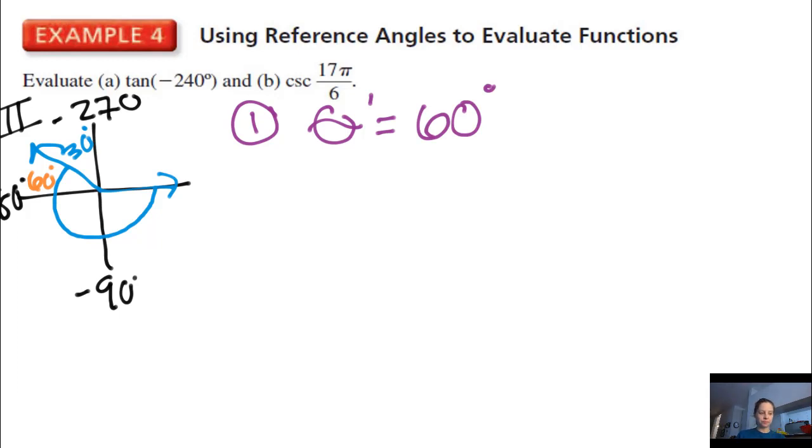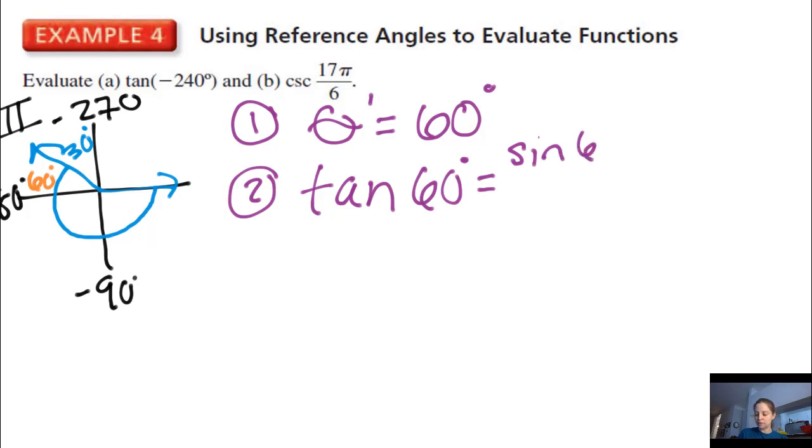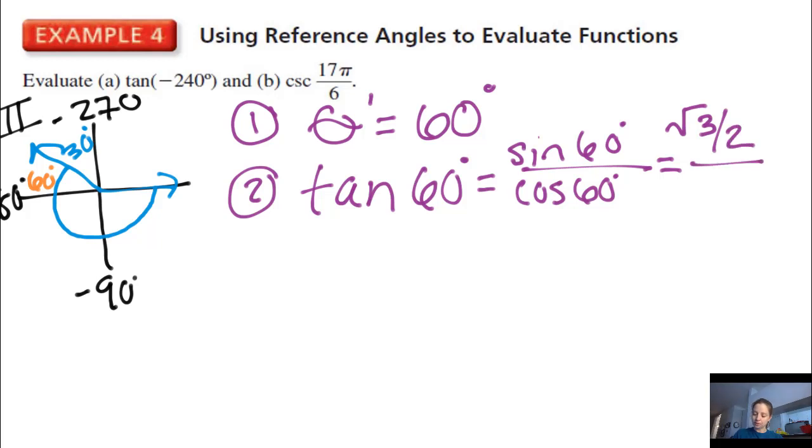Step number 2, evaluate the trigonometric function for theta prime. So we're going to do tangent of 60 degrees. Tangent of 60 degrees is the same as the sine of 60 degrees over the cosine of 60 degrees. The sine of 60 degrees is radical 3 over 2. The cosine of 60 degrees is 1 over 2.